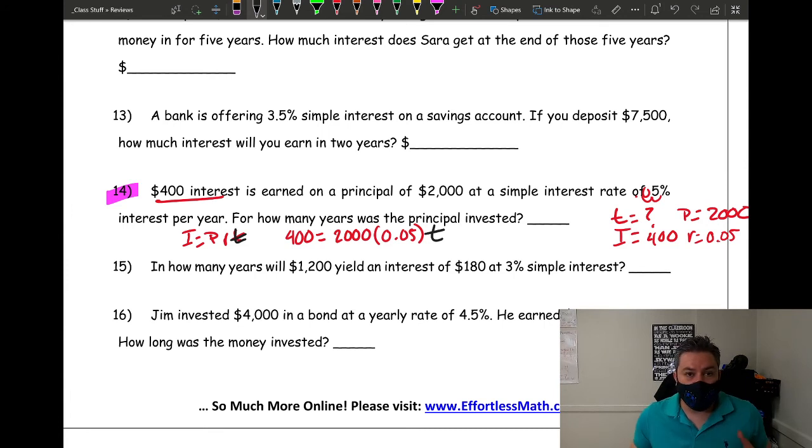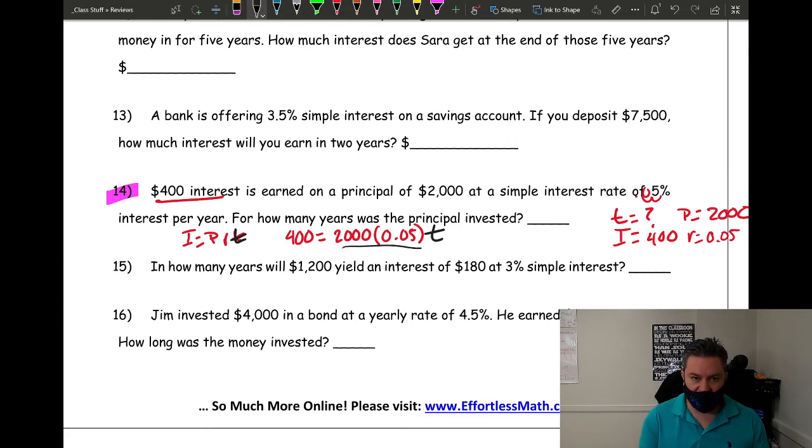So now we have an equation with a variable that we need to look for. In order to find this value, first of all, we got to leave t by itself. So first, I'm going to have to multiply 2,000 times 0.05. Now the easy way, you can multiply 5 times 2, that's 10.